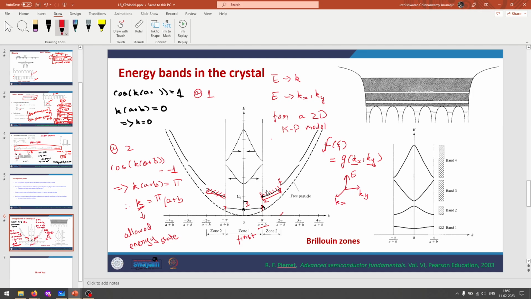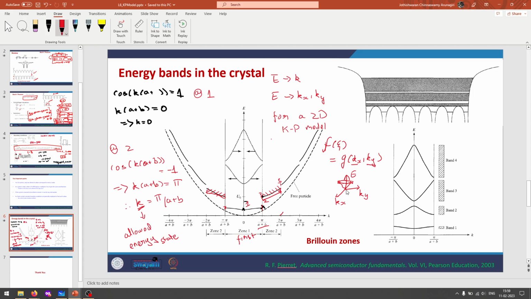So now, instead of having curves like this, I will have surfaces like this that are defined on the 2D plane. Is that clear? That is what Professor Vishwendra meant when he said that the graph will be 3D if we are looking at the EK diagram for a 2D material.